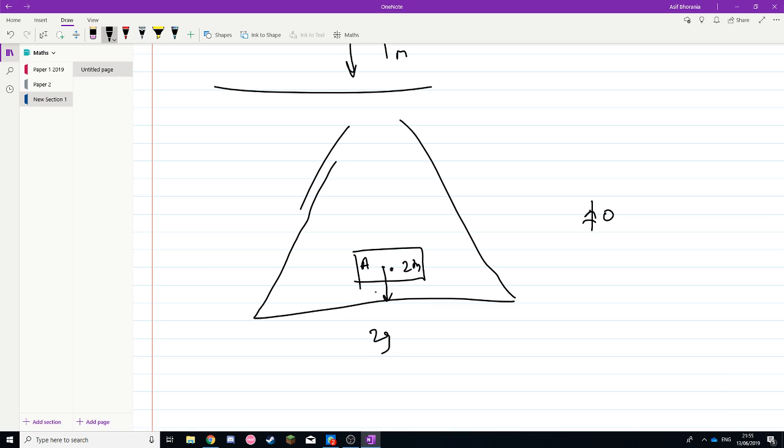Now this will also feel a reaction force from the pan, which I'm going to draw here on the underside. So this is felt by the object as a reaction force, coming from the base of the pan. It's pushing on A.